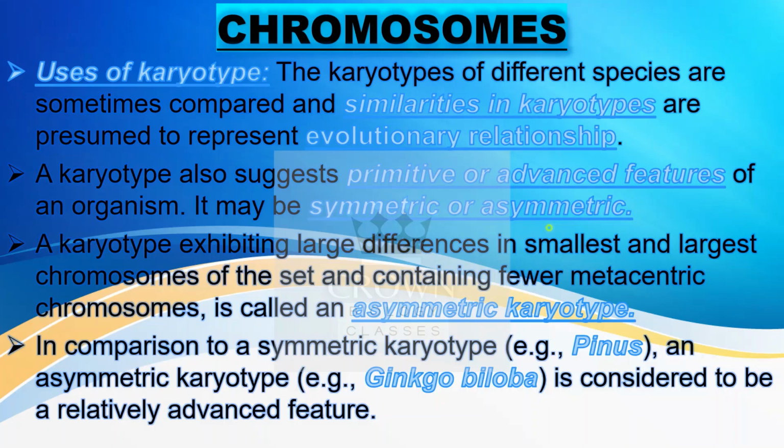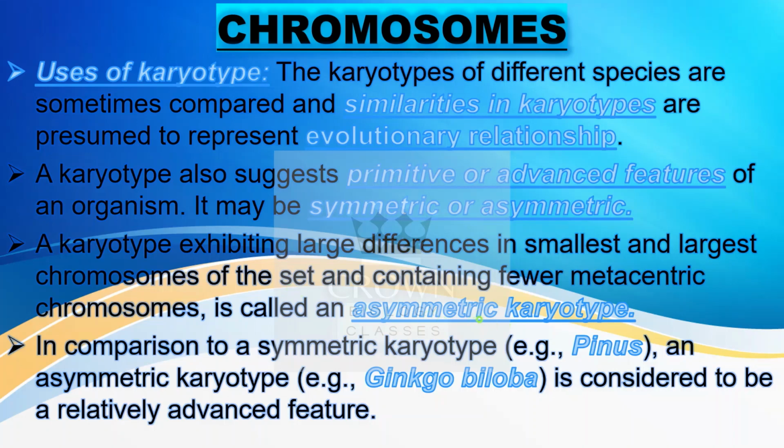And if the karyotype exhibits advanced features, then it is an asymmetric karyotype. If we take one karyotype and compare the smallest and largest chromosomes of the set, and they exhibit much larger differences in their structure, then it is known as an asymmetric karyotype.